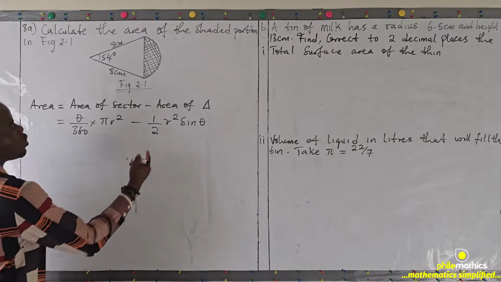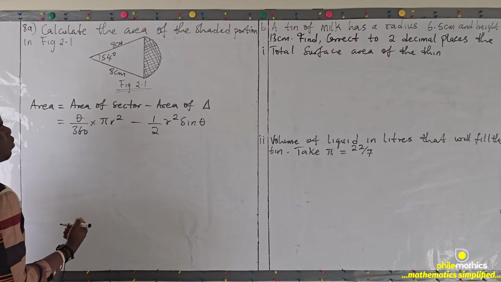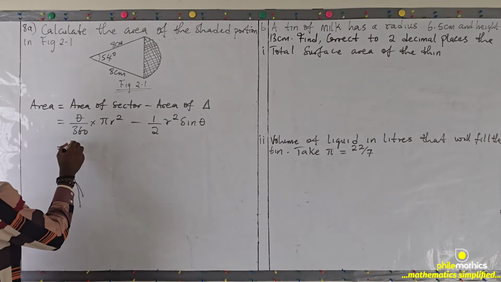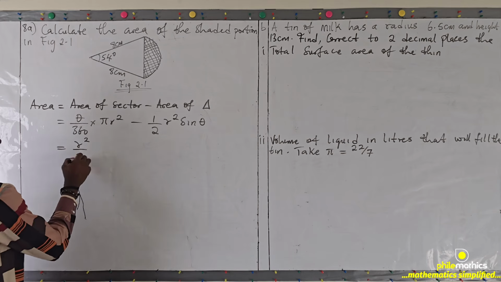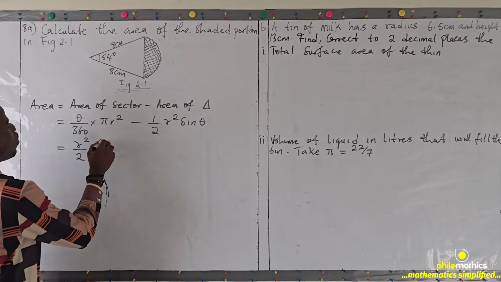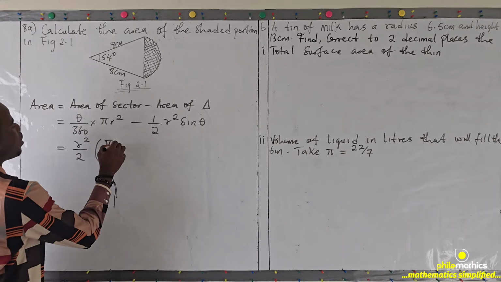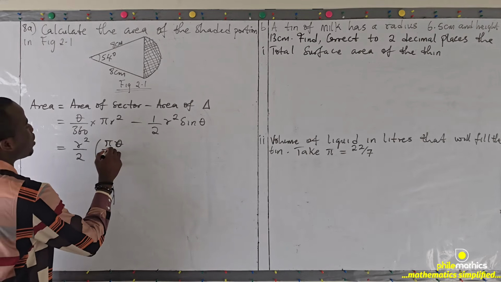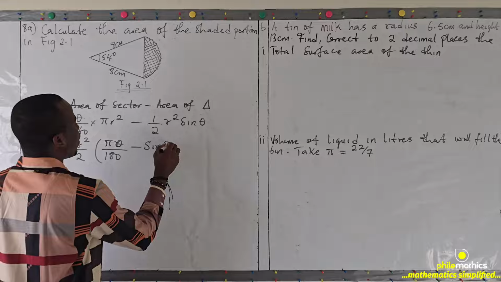To make things easier for us, we can factorize r square over 2. We'll have r square over 2, bracket, pi theta over 180 minus sine theta.